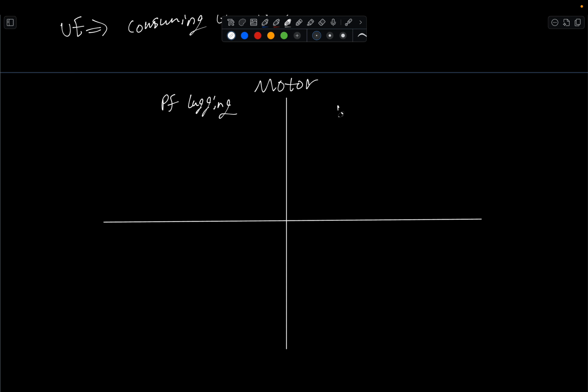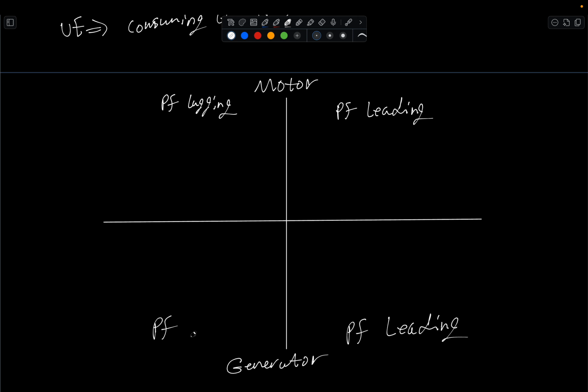And power factor leading, and this is going to be for a generator. And we're going to do the same thing: power factor leading, and power factor lagging.